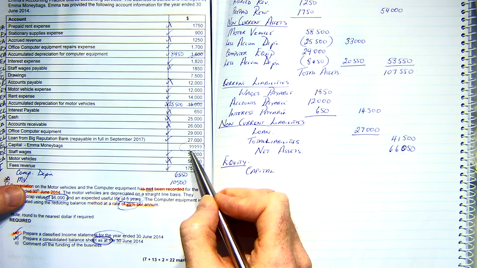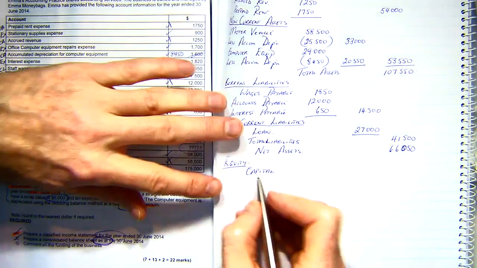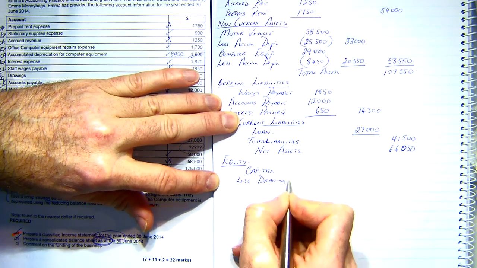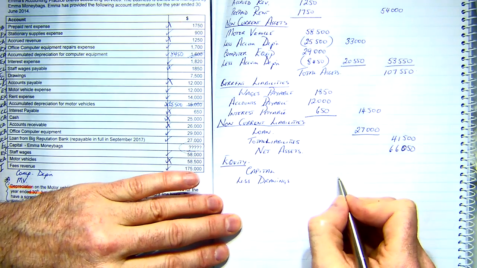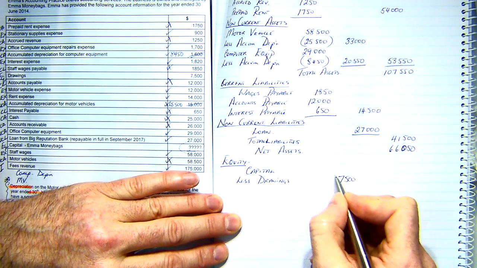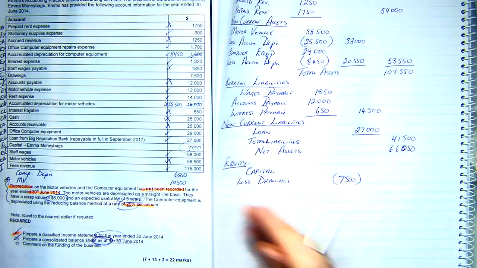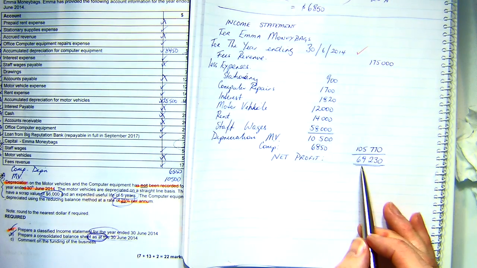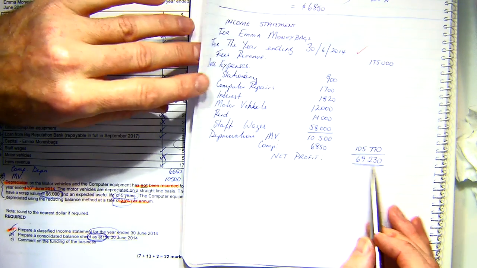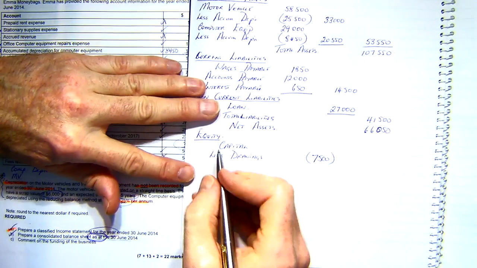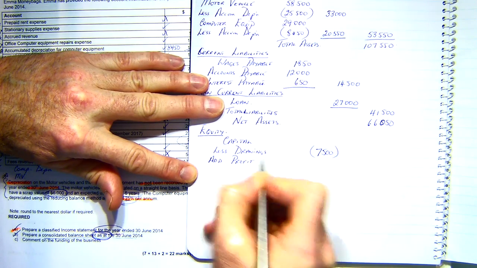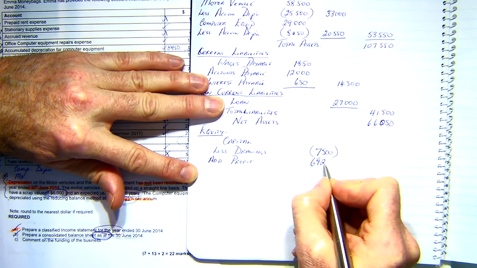So what's my other equity that we need to look at? We've got drawings up here, so less drawings. And my drawings comes in at 7,500, and that's a less than. And what else do I need to add in? That's right, we need to add in the profit we calculated on the previous part of the question. So add profit of 69,230.